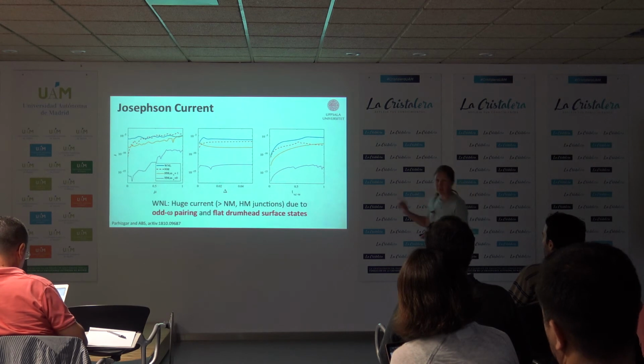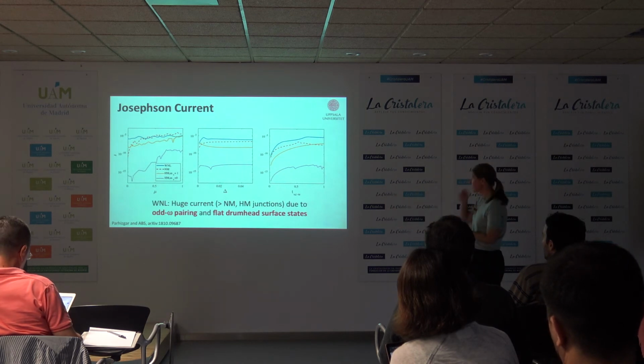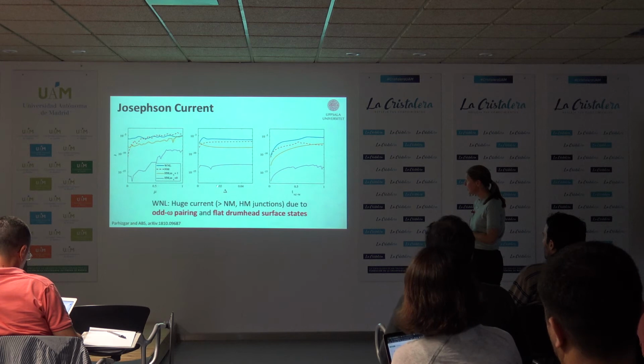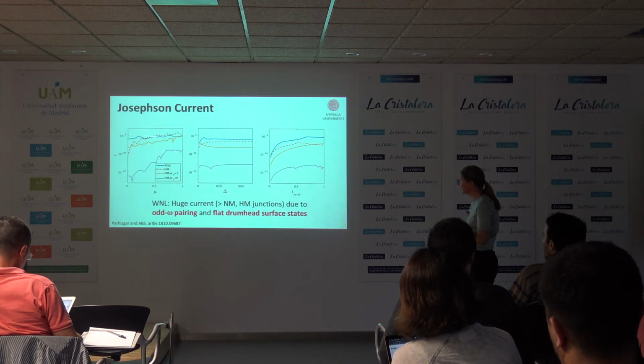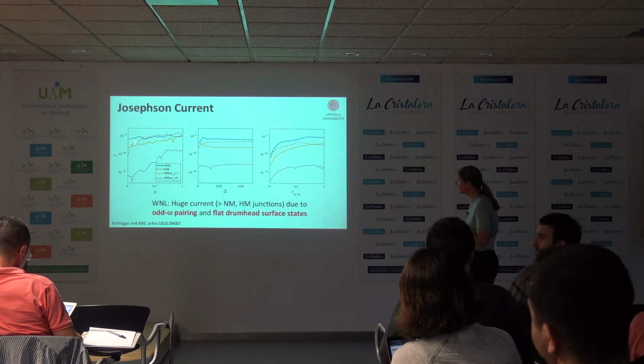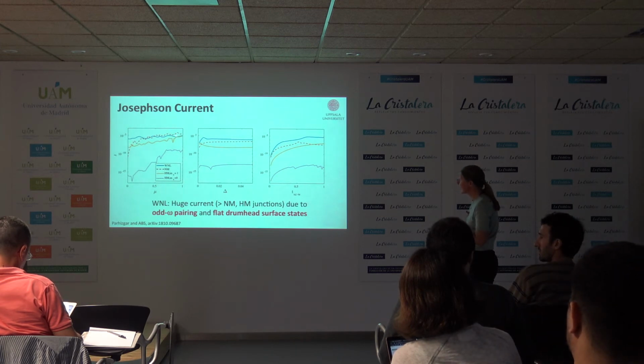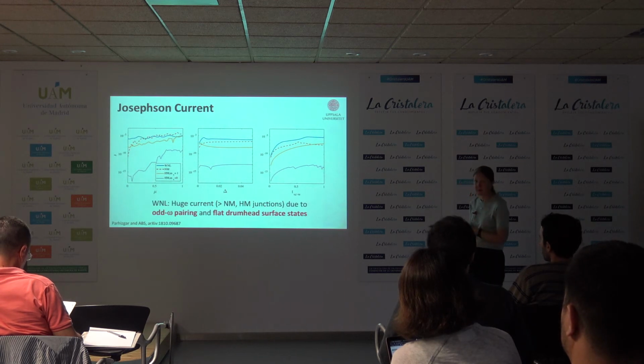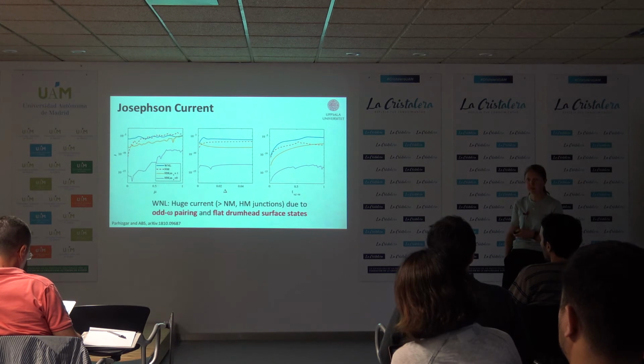And that shows up really when you look at currents. So these are currents as a function of various parameters: doping, delta, and the coupling between the materials. The nodal loop material is the blue line, and you see it's a much higher current than the normal one, which is the dashed line. There's no spin singlet pairing, and there's no even frequency pairing in the junction.